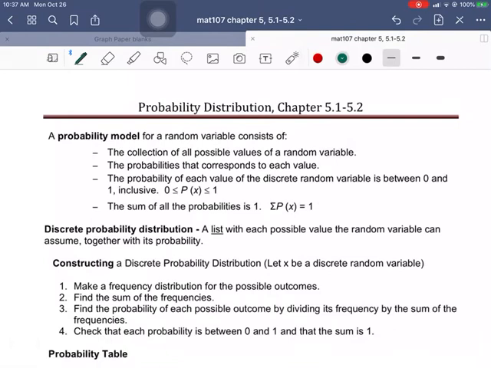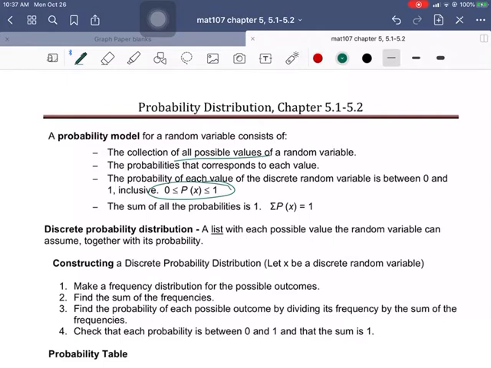So the probability model, let's remind ourselves, is a collection of all possible values of a random variable, and the probabilities that correspond to each value. And then this is the reminder part: probabilities are between 0 and 1. That's 0% and 100%.